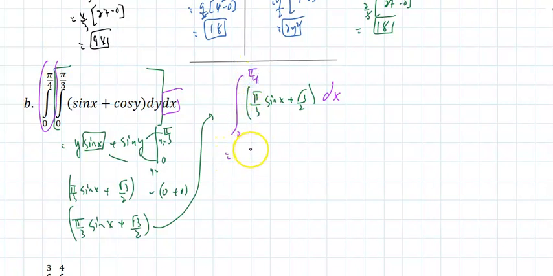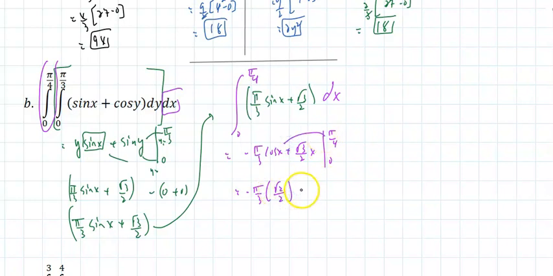And that would be negative pi over 3 the cosine of x plus radical 3 over 2 x evaluated from 0 to pi over 4. That will be negative pi over 3 times radical 2 over 2, plus radical 3 over 2 times pi over 4, minus, when you throw the 0 in, negative pi over 3 times 1 plus 0.